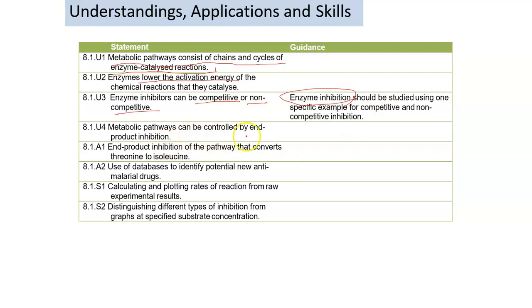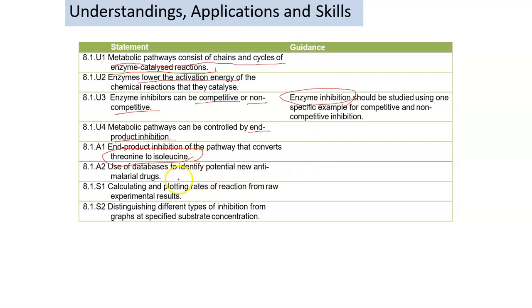Metabolic pathways can be controlled by end product. This is what I just showed you on the first slide, how the end product can control the metabolic pathway. And end product inhibition of the pathway that converts threonine to isoleucine. We will learn one example regarding this inhibition.